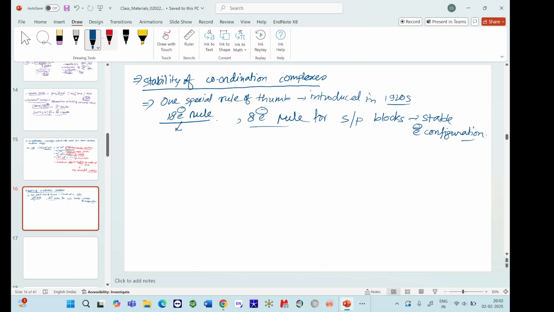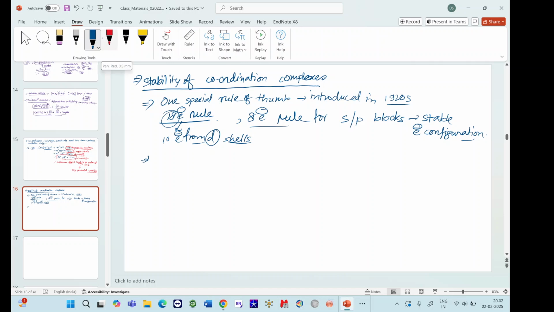And in the D block, as you have 10 electrons coming from the D shells, that is why total it is 18 electrons. So how do you find it?